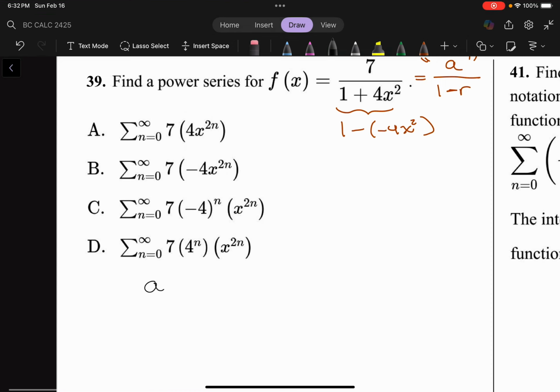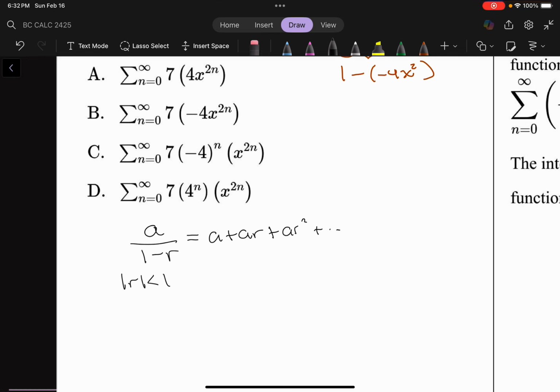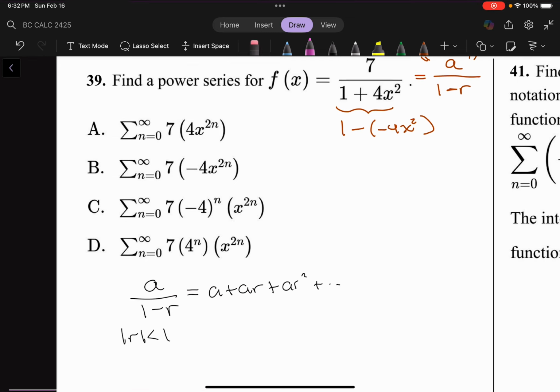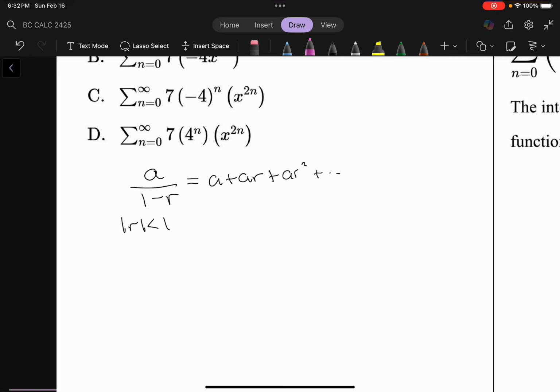a over 1 minus r, so long as this is true, is a plus ar plus ar squared, etc. So that must mean that ours, 7 over 1 minus negative 4x squared, can be written as, so first term is a, 7.